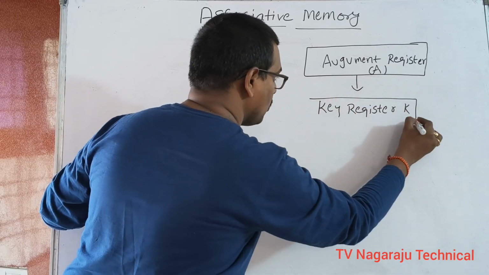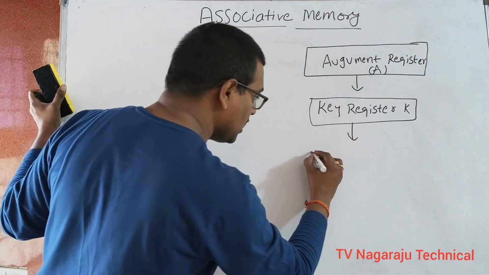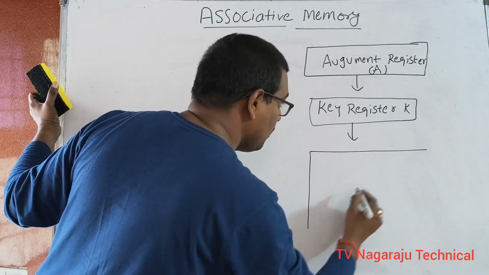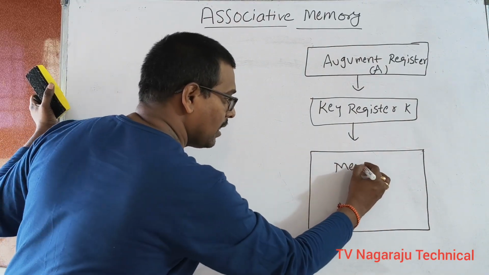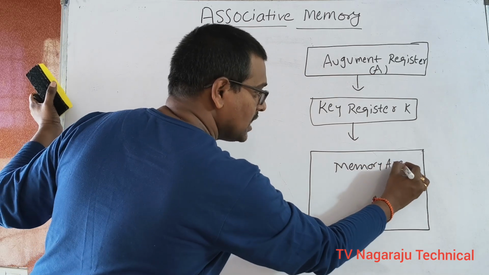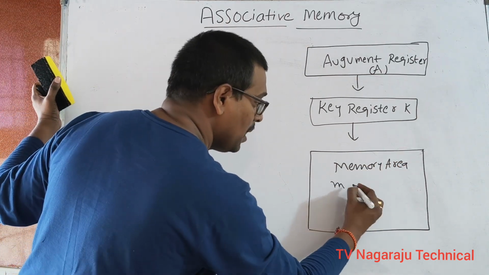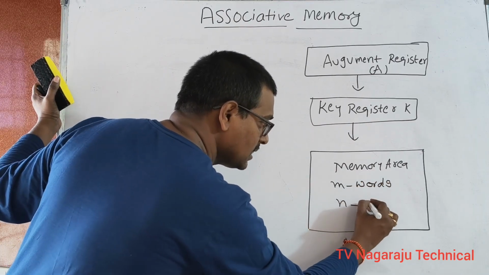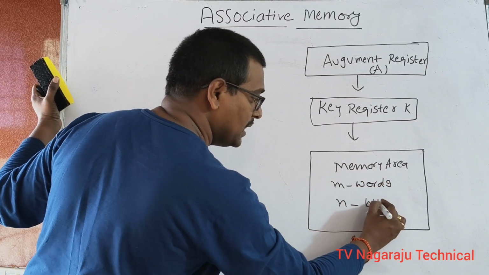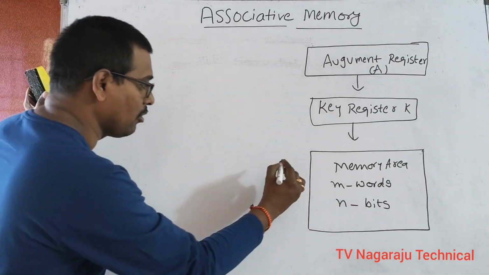Assume the name is K. The K register is associated with some memory area. This is the memory area, and this memory is the associative memory. Assume my memory area consists of m number of words and n number of bits. That is simply, the size of a word is n bits.